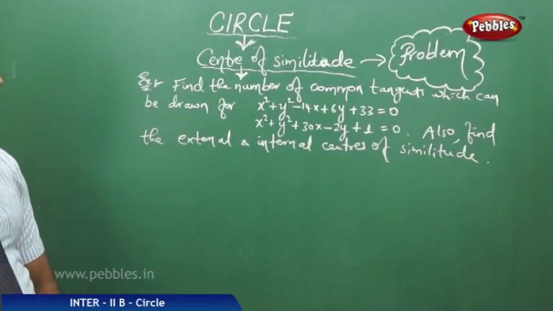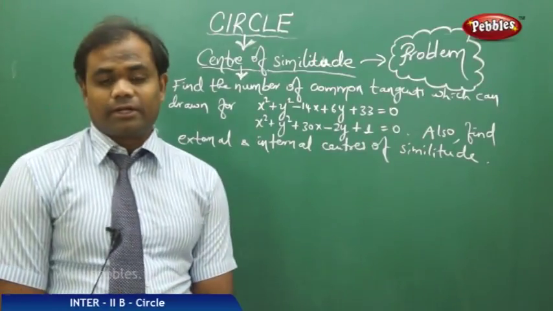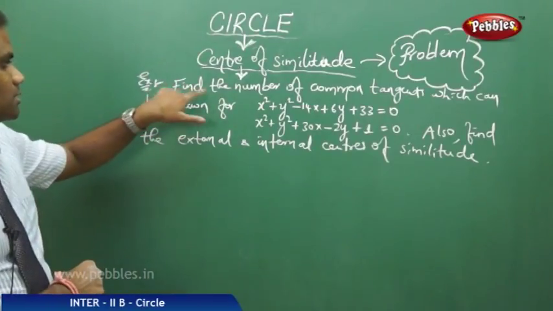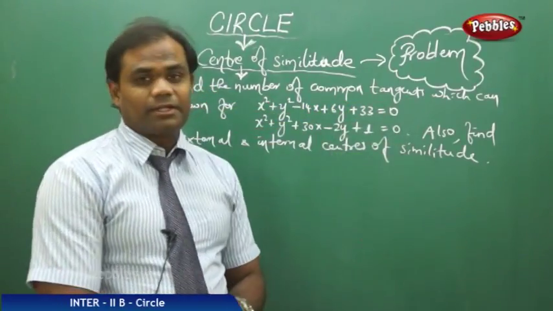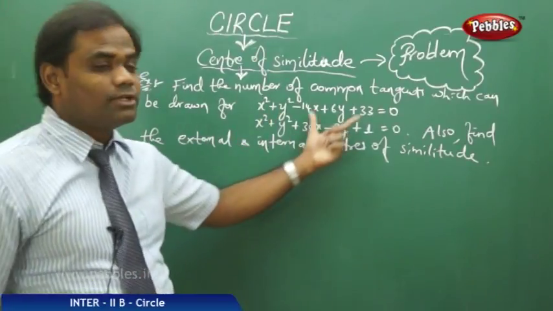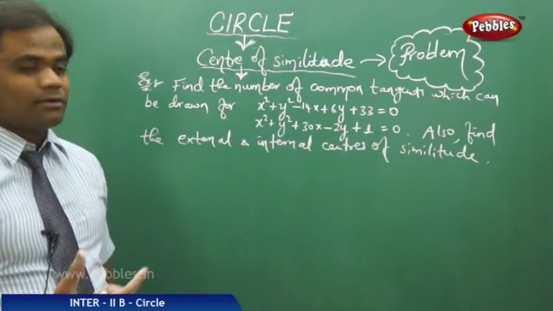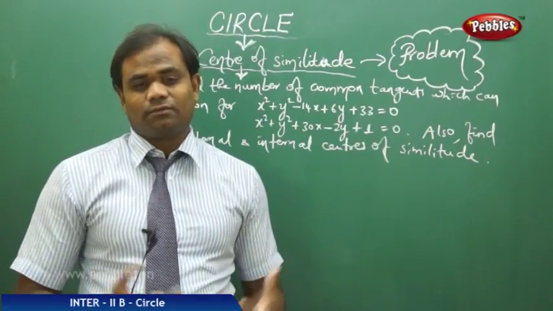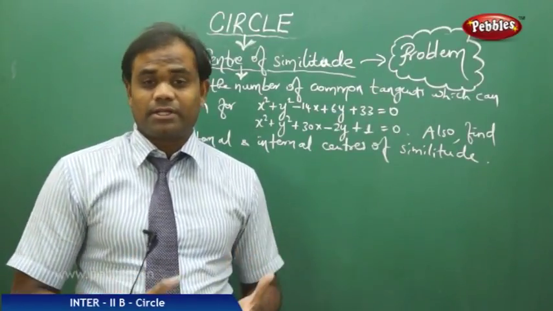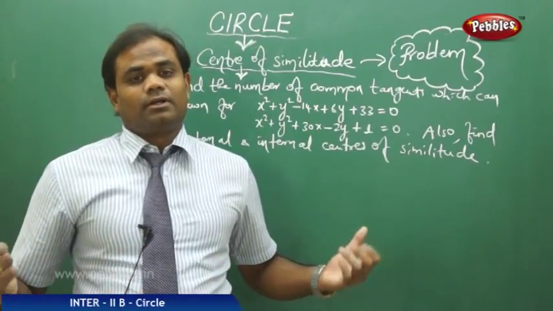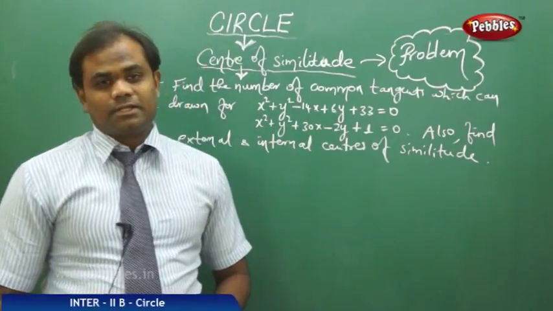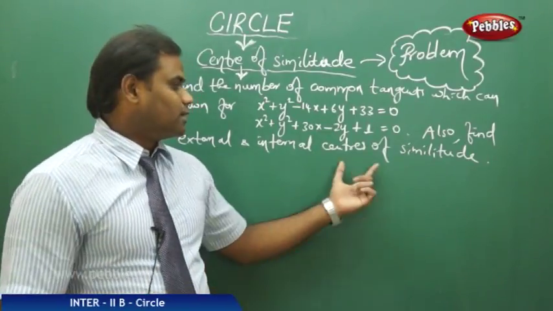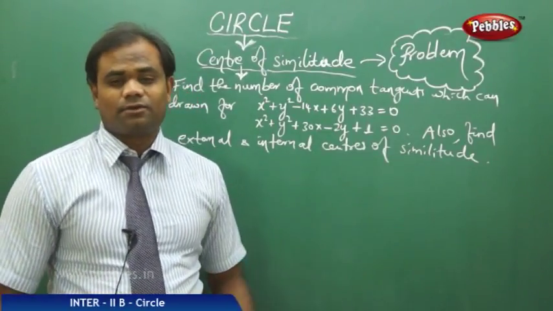Now this question is related to the center of similitude, but before that, part 1 of the question is to find the number of common tangents which can be drawn for these two circles, and we know that the number of tangents depends on the relative positions of the two circles, whether they are intersecting, touching, or disjoint. So let's see the relative position of these two circles before we find the internal and external centers of similitude.